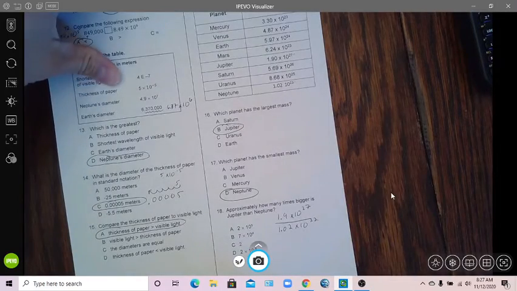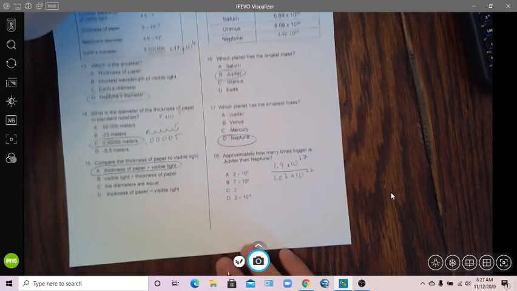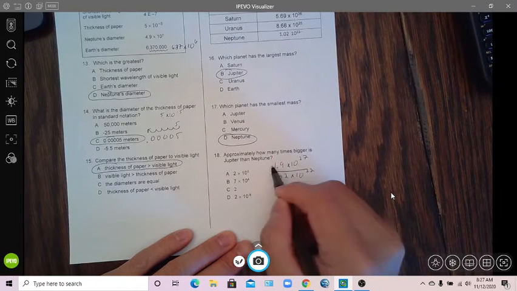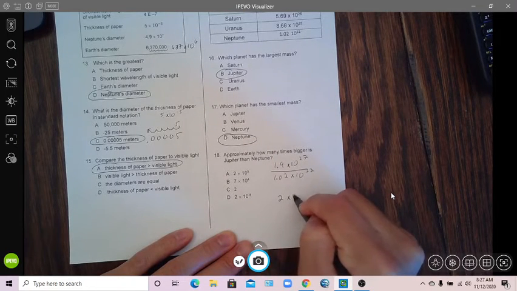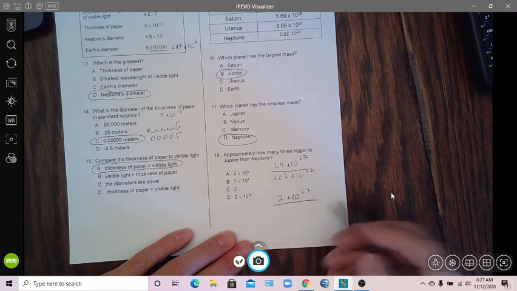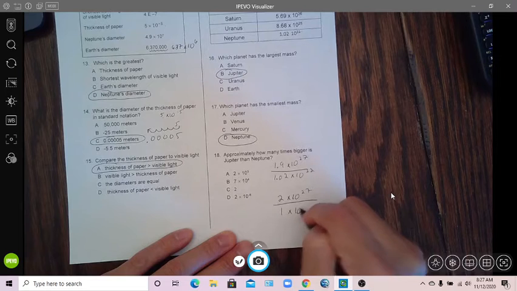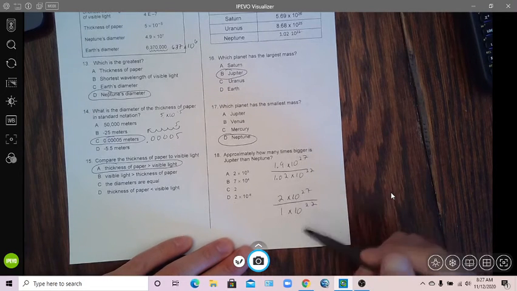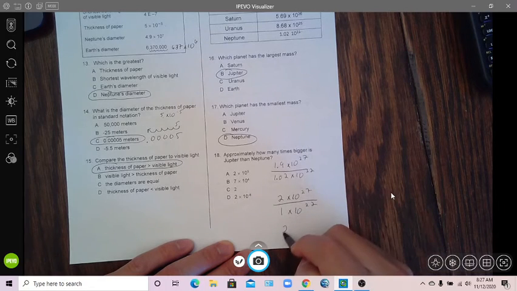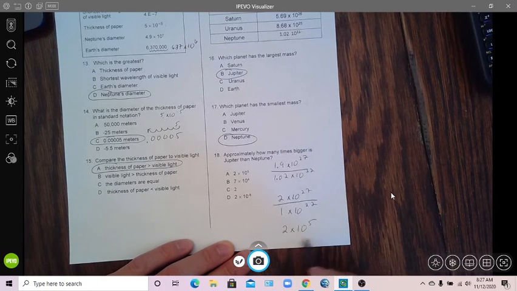If I were to round, 1.9 would be like 2, and 1.02 is like 1, times 10 to the 22nd. So let's go ahead and divide. How many times bigger? 2 divided by 1 is 2. 2 times 10 to the 5th.